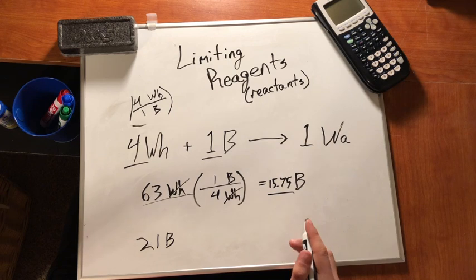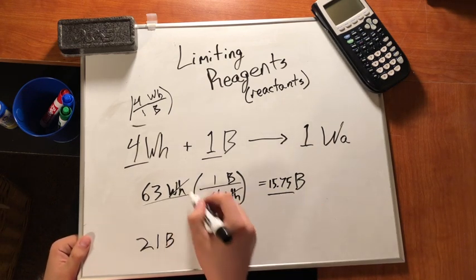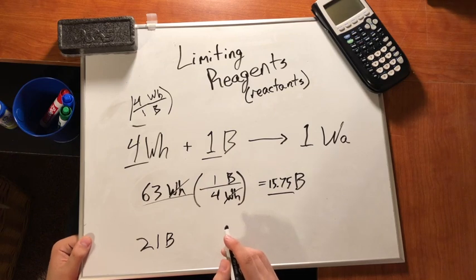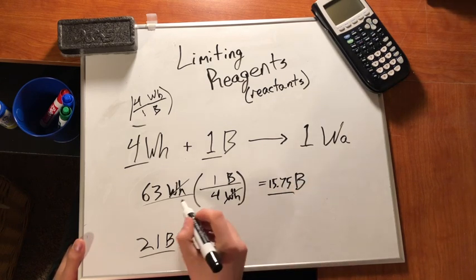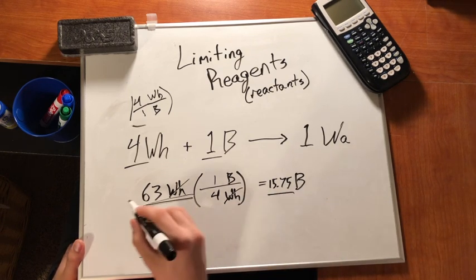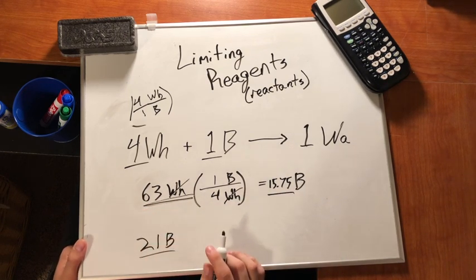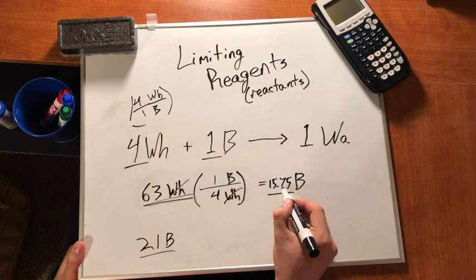Okay. So then the question is, do I have enough bodies to put with the wheels to make wagons? Well, we started with 21, so yes, I do have enough of these. Okay, so that tells me that the wheels is not the limiting reagent, okay? Because if I want to use all of these wheels, I need this many bodies, which I do.